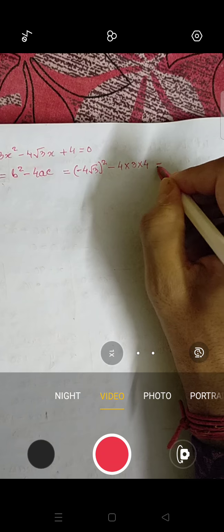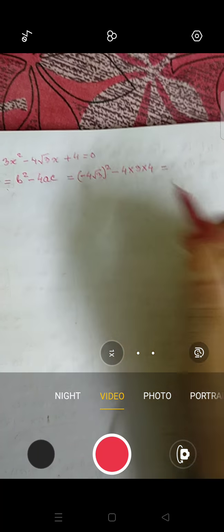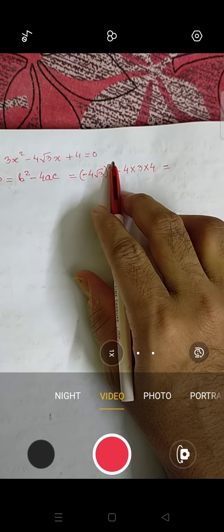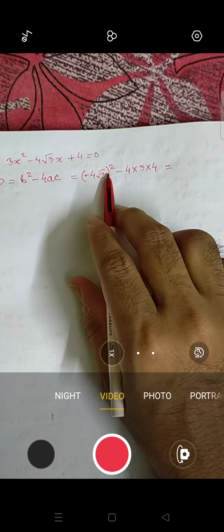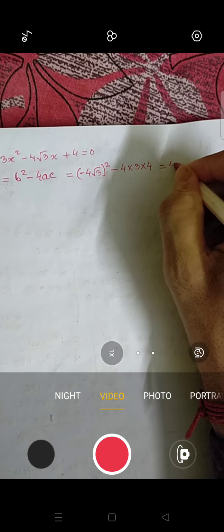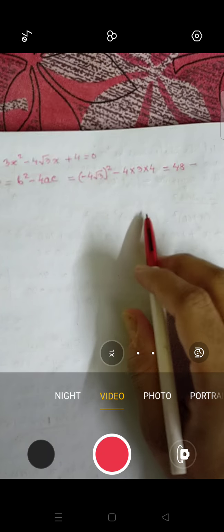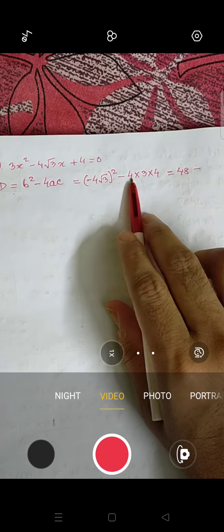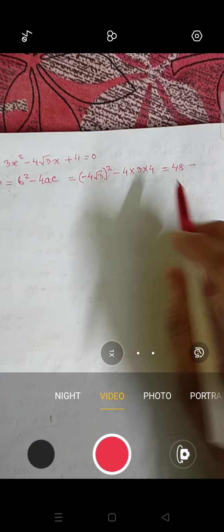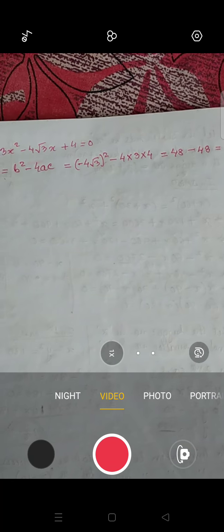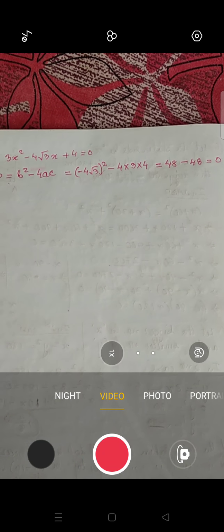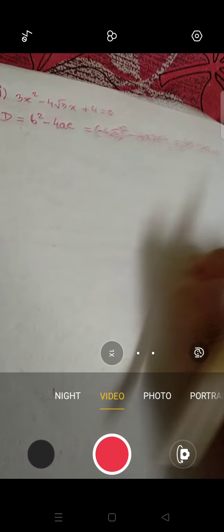Now we'll square this one. Minus square will become plus. 4 square will become 16, and root 3 square will become 3. That means 16 into 3 will be 48 minus 4 3s are 12, 12 4s are 48. So you got 0. Okay, you got d is equal to 0.